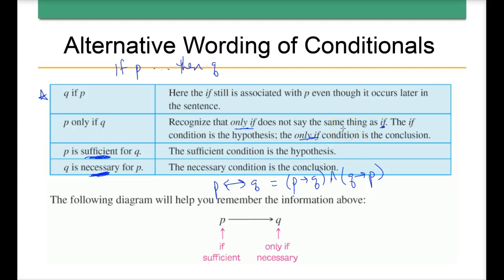So when we say if, it's just a hypothesis, but if we say only if, then that's actually part of a conclusion. And of course, for the other two, the sufficient condition is the hypothesis, and the necessary condition is the conclusion. When we say sufficient, we're saying that to get us in the ballpark, we need to have this. Whereas necessary, we're saying that everything breaks down unless we have this particular statement.